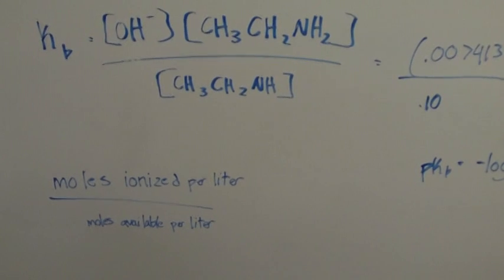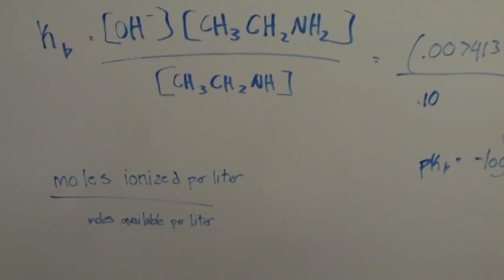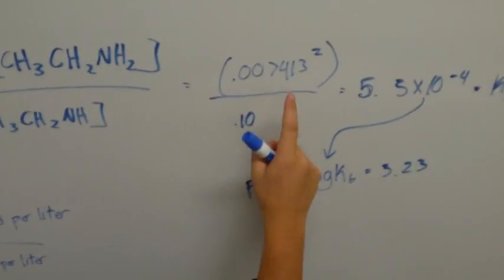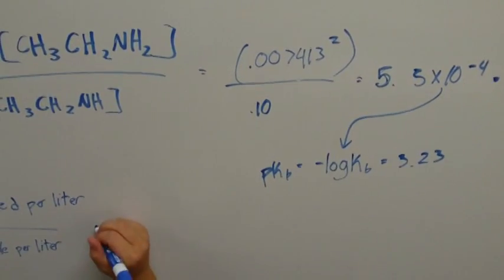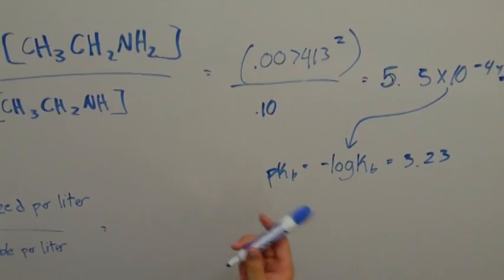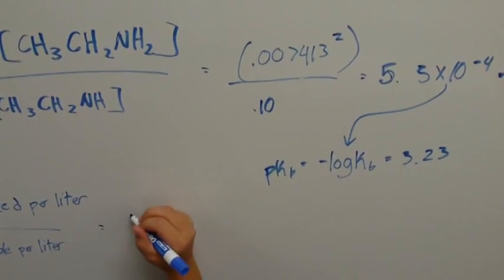What ionized was our X value, 0.007413, the amount of moles ionized per liter.